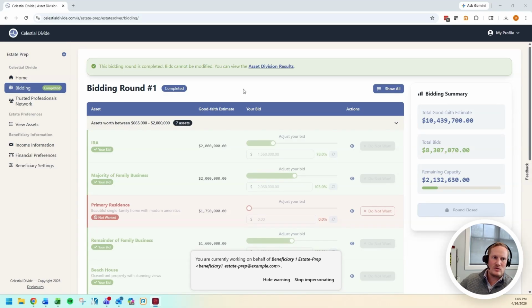So the best way to do that is as you're looking at an IRA, if you've added it under other asset or something that can be divided, you're going to have a balance figure here, and the person is able to adjust their bid, correct? For this one, I've discounted it by 22%.